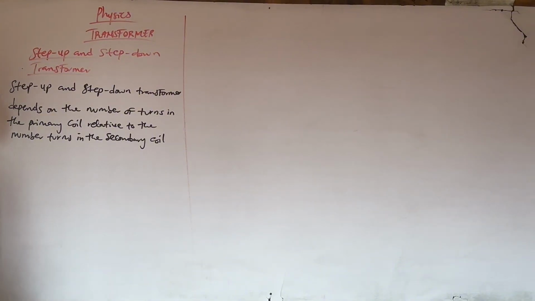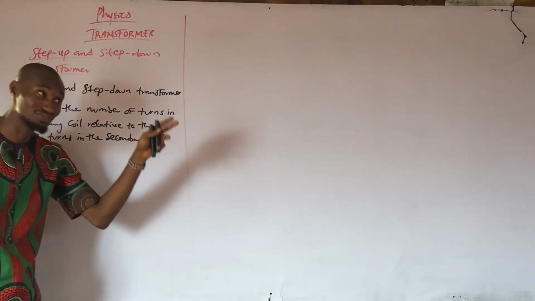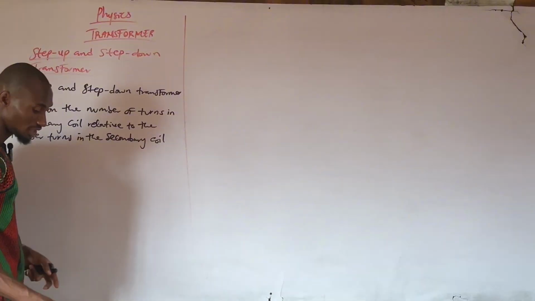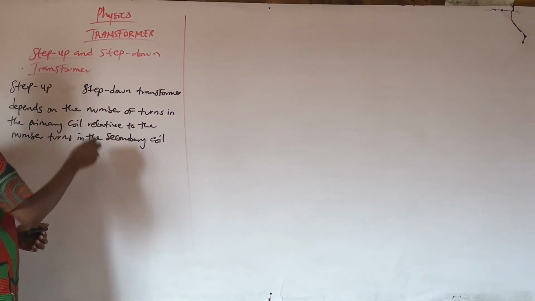So we'll talk about step up and step down transformer. We'll talk about transformers, this and this, or you say this or this. That is step up transformer or step down transformer. Are you there?